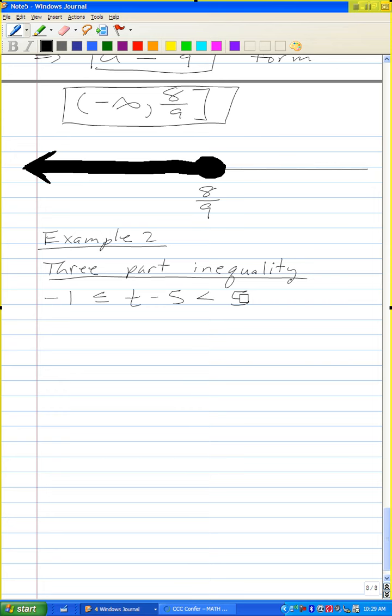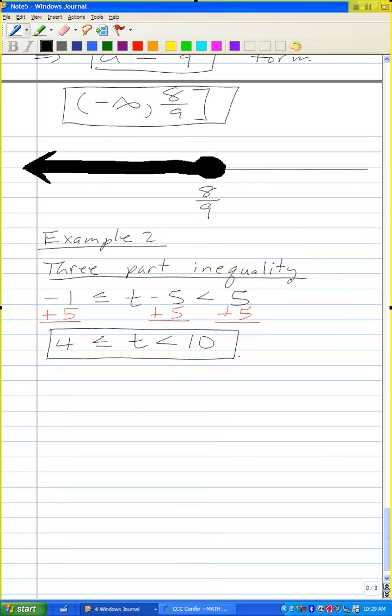So we add 5 to all three parts of my inequality. And so I would get 5 minus 1 is 4 is less than or equal to t, the 5's cancel, is less than 5 plus 5 is 10. And so by the additive property of inequality, I now have isolated the variable t in the middle.